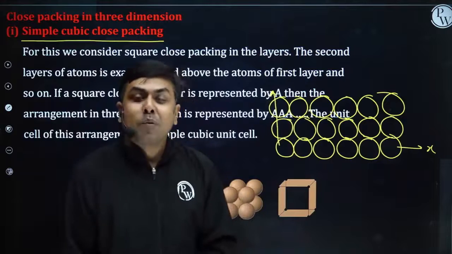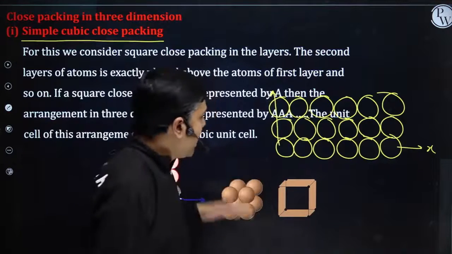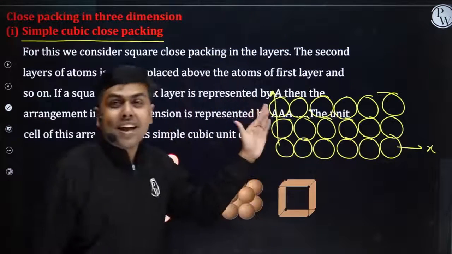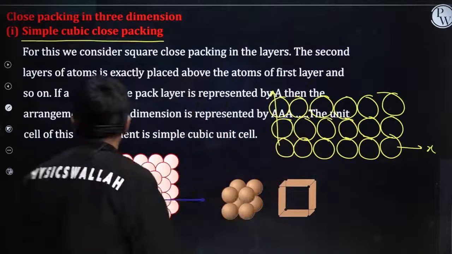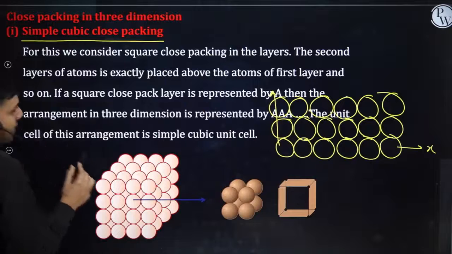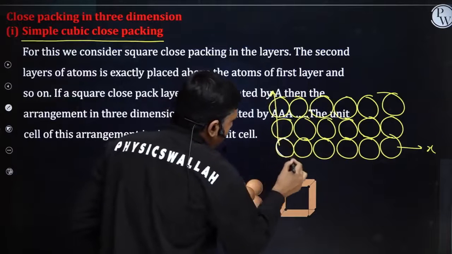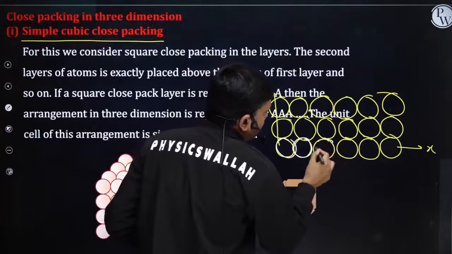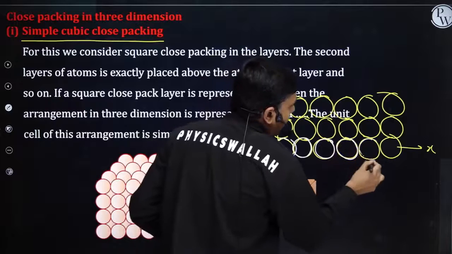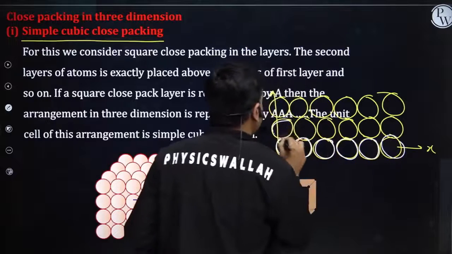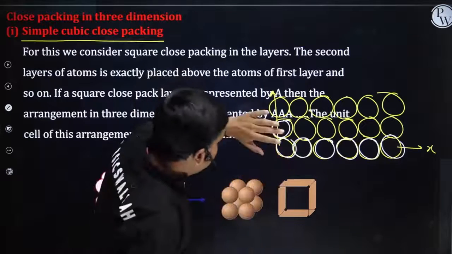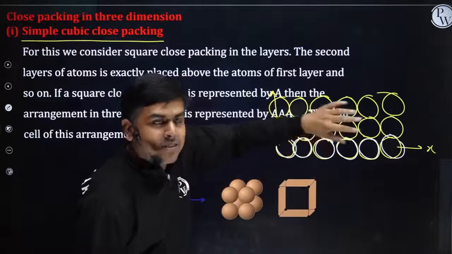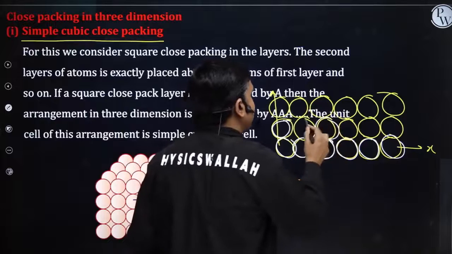Now I am going to place the third layer along length, width, and now along height, so along z-axis. Now student, the third layer sphere is exactly placed on this sphere, AA sphere layer. Am I clear? Now I am moving along this axis, z-axis. The third layer sphere is exactly placed over these layers.